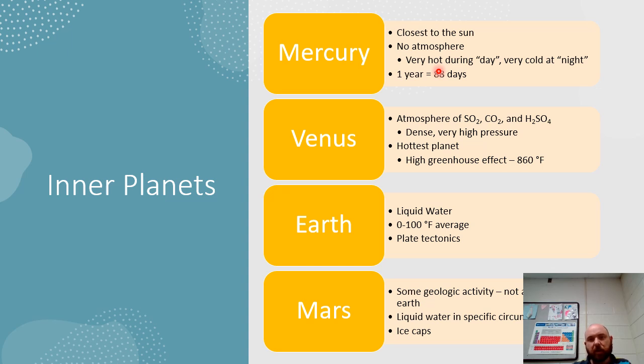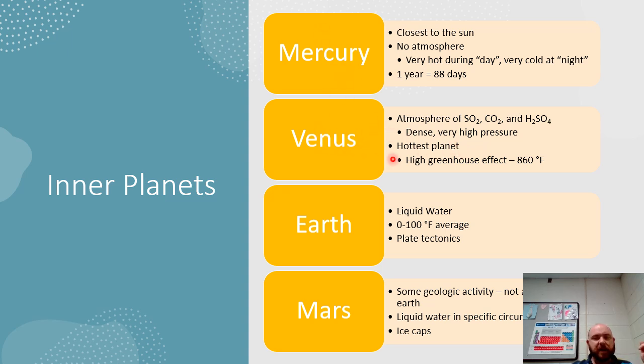Most of them are self-explanatory. One of the questions you're asked is, is Venus the hottest planet, true or false? Venus is the hottest planet, even though it is the second planet away from the sun. Basically, it's hotter than Mercury, even though Mercury's closer.